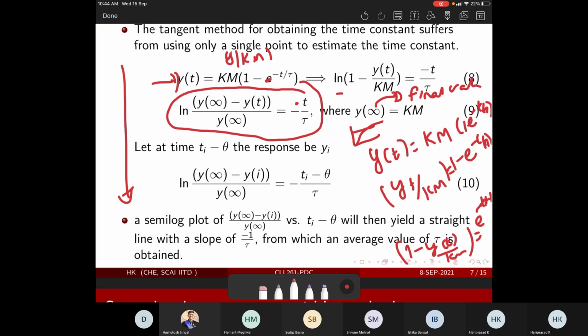Okay. So when there is dead time, your process will not start at t. It will only start at t minus theta.